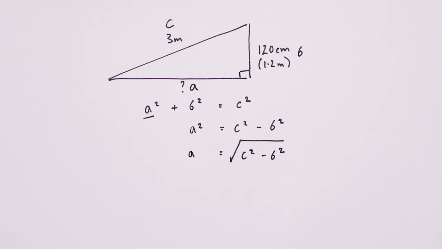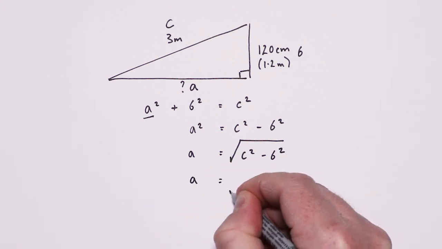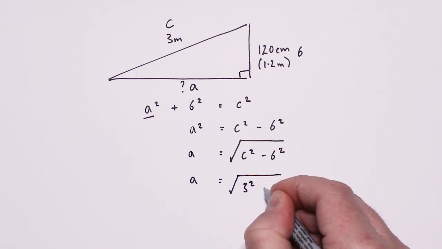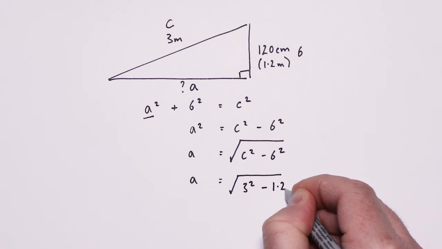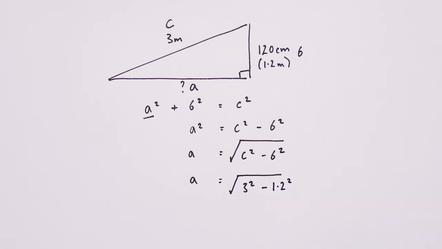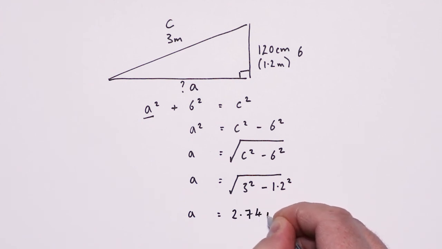So let's put in the numbers. That means that a equals the square root of 3 squared minus 1.2 squared. That's 1.2 because we are keeping all of our measurements in meters, which gives us an answer of 2.74 meters.